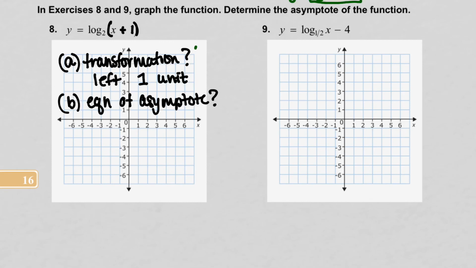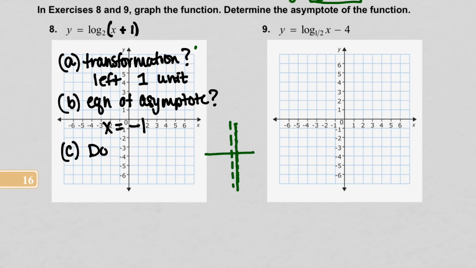So let's just think about that for a minute. With a log, I know that my asymptote goes up and down, right? So when I moved to the left one, that actually did move my asymptote over left 1. So the equation now, instead of going through at x equals 0, I now go through at x equals -1.